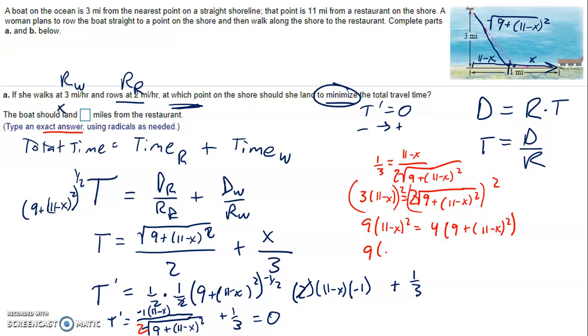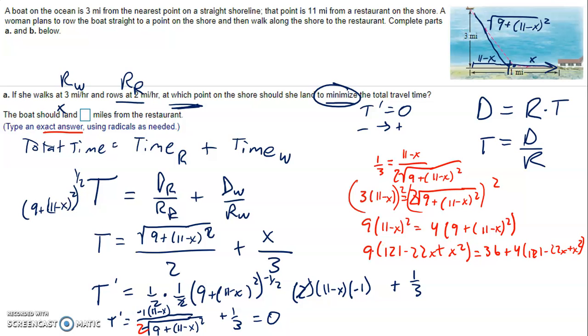So 9 times 121 minus 22x plus x squared equals 4 times 9 would be 36, and then 4 times, if I multiply that out, it's the same thing here, 121 minus 22x plus x squared.